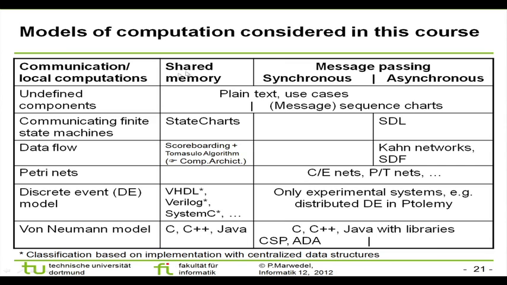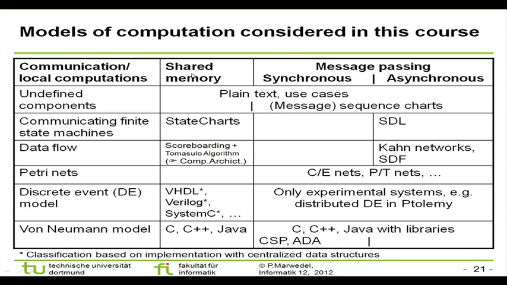The computation models say communicating finite state machines. First of all, the simplest possible is a finite state machine, and there are varieties of them with more sophistication. We will soon see that there are problems with finite state machines. So, we will see state charts.